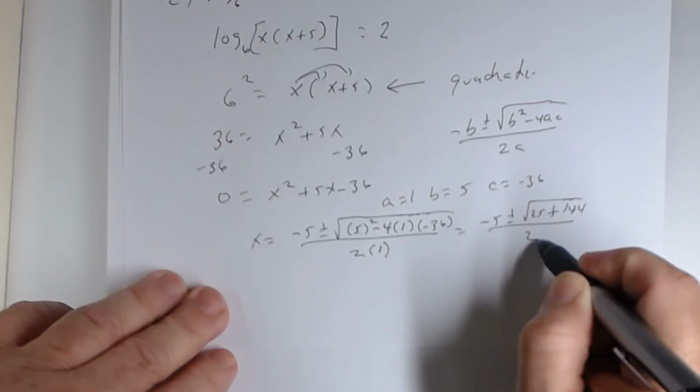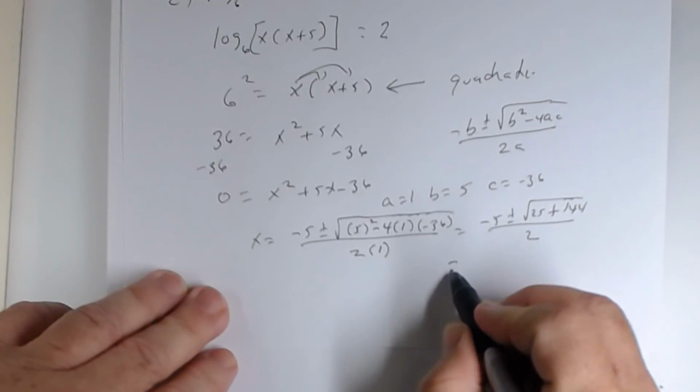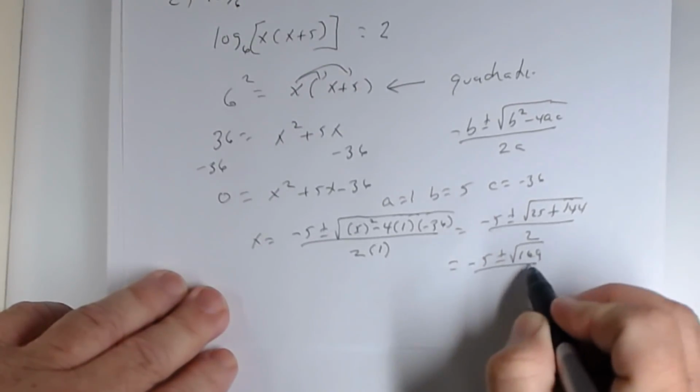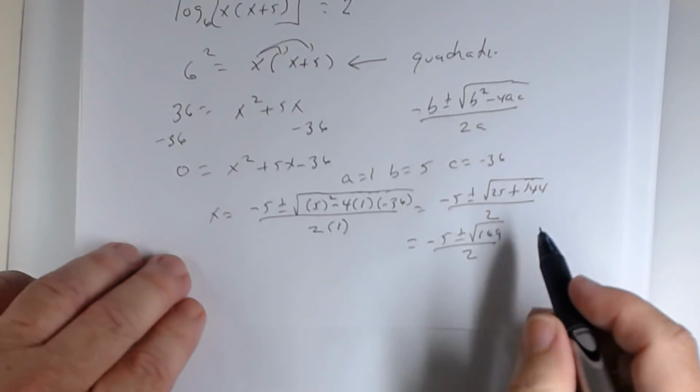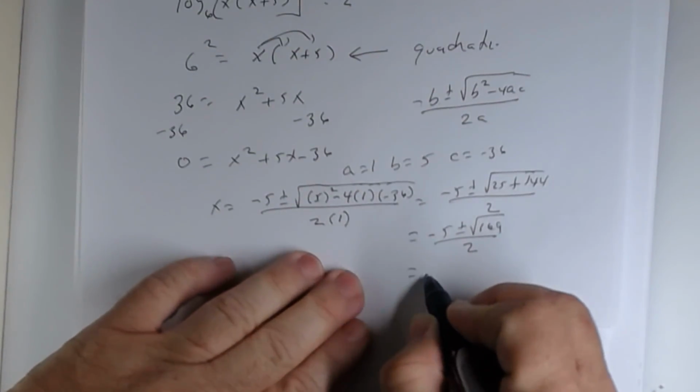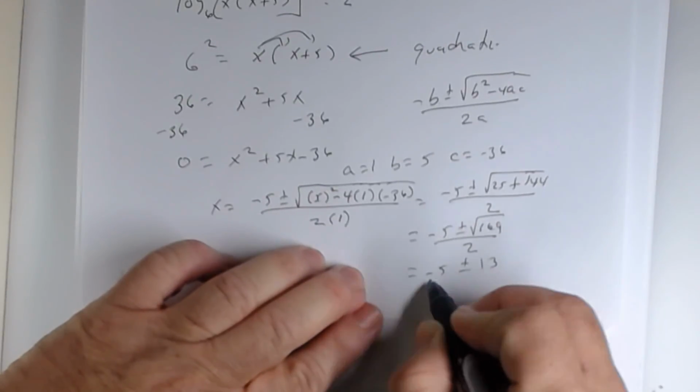All over 2, right? And so what's 25 plus 144? 169. And 169 is a perfect square, which means the square root of 169 is just what whole number? 13. So I get -5 plus or minus 13 over 2.